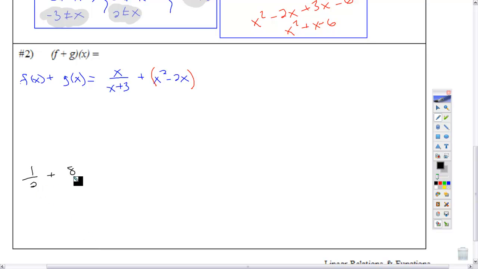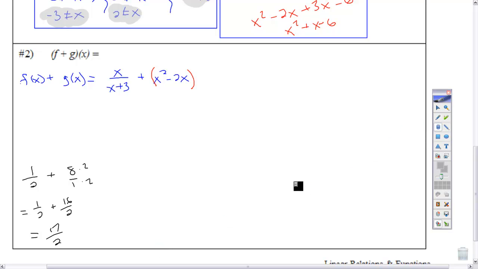Well, you have to get common denominators. Change the 8 to 8 over 1. This denominator is 2, this is a 1. So we can take the fraction on the right and multiply the top and bottom by 2, which gives us 16 over 2. Once you have common denominators, you add the numerators and you get 17 over 2.